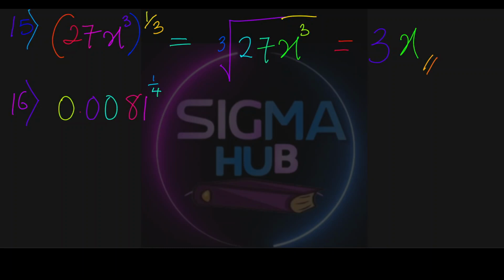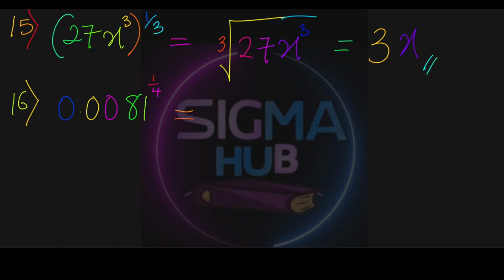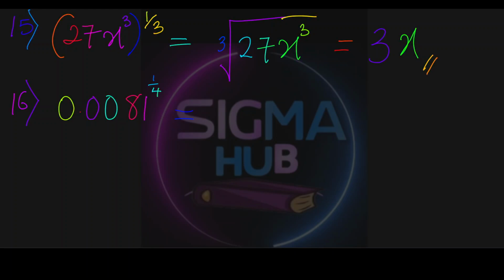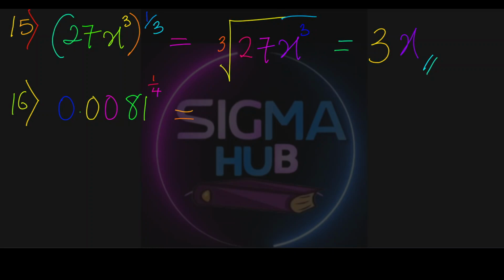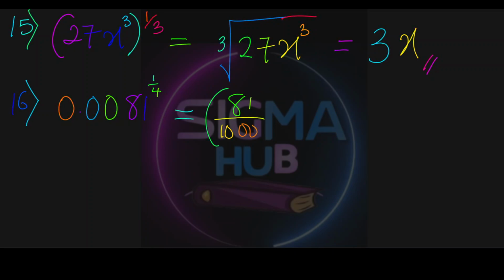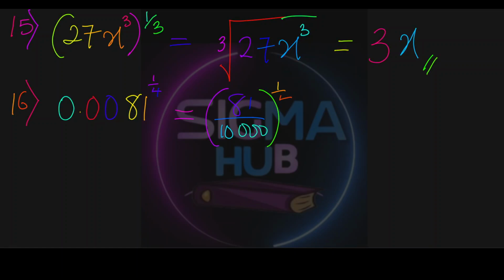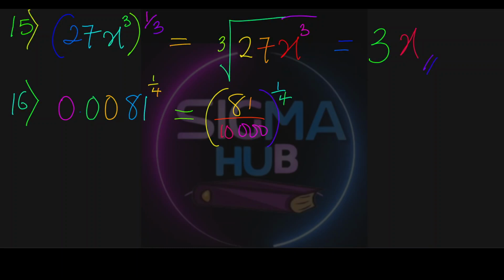So 0.0081 is going to be equal to 81 over 10,000 when converted into a fraction. So that's 81 over 10,000 all raised to the power of 1 over 4. So convert into a fraction, and that's how you'll be able to get it done.